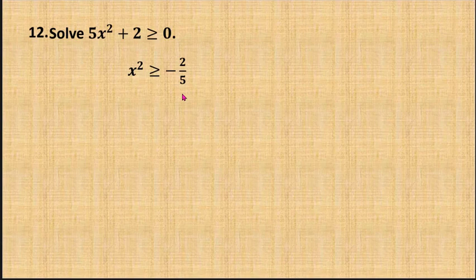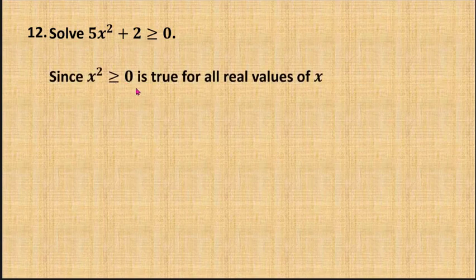So I'm going to ignore this step. Instead of saying that x power 2 is greater than negative 2 over 5, which is not true, I prefer to say that x power 2 is greater than 0, which is true for all the values of x.